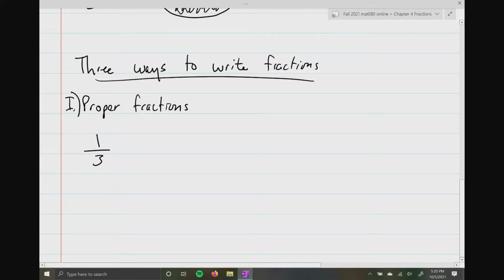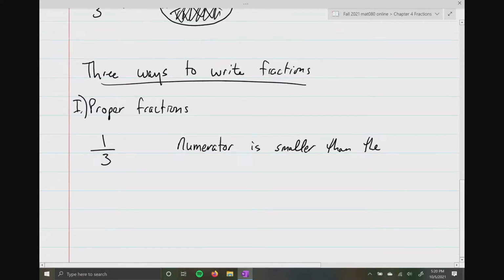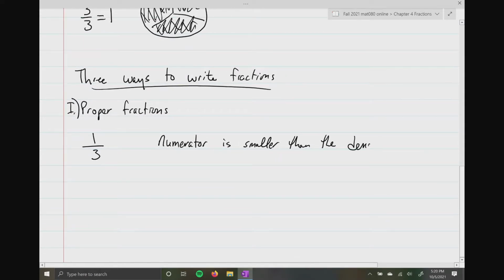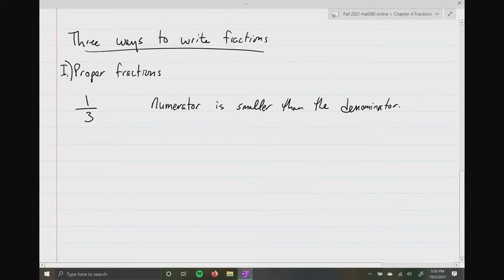We're going to use 1/3 again. What makes this a proper fraction is that our numerator is smaller than the denominator. Okay? So that's what makes this a proper fraction.